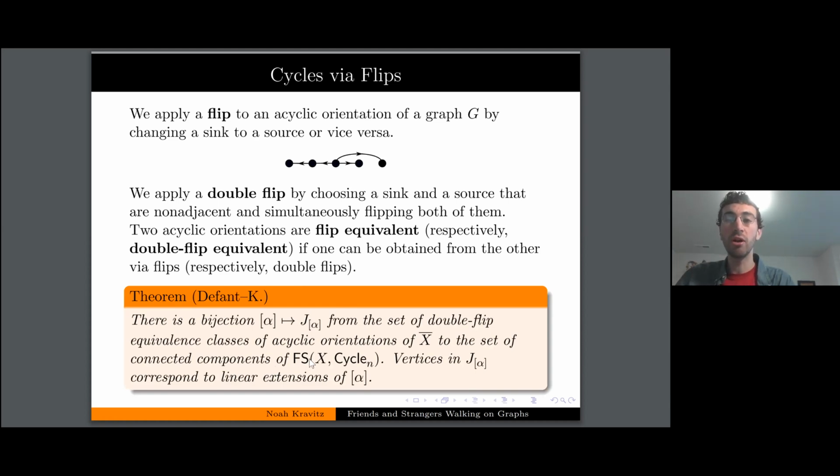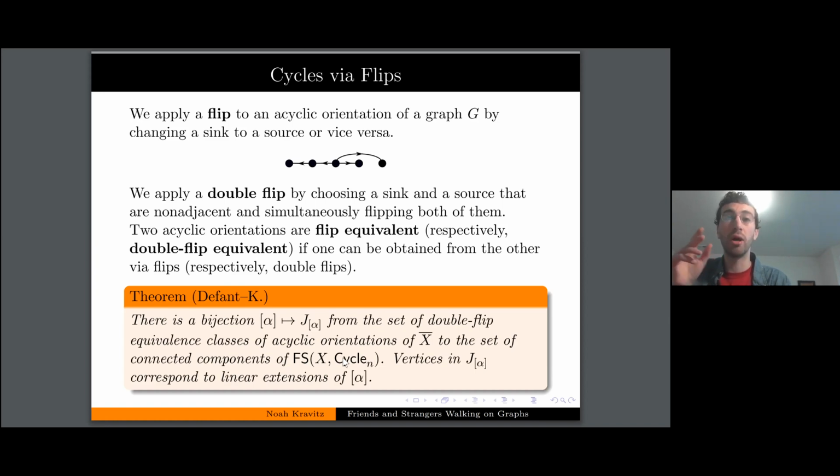So before I read the theorem, I just want to motivate this a little bit. So recall that cycle sub n is the path with an extra edge n to 1. And so we know that each connected component of this friends and strangers graph of X with a cycle will be a union of connected components of the friends and strangers graph of X with a path.